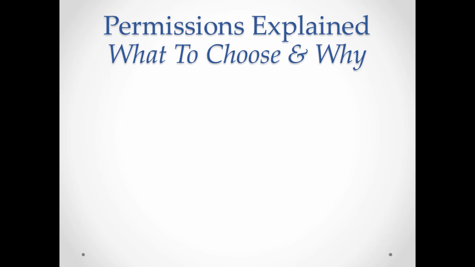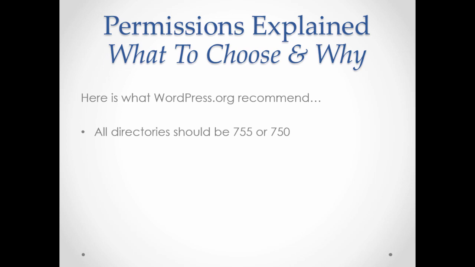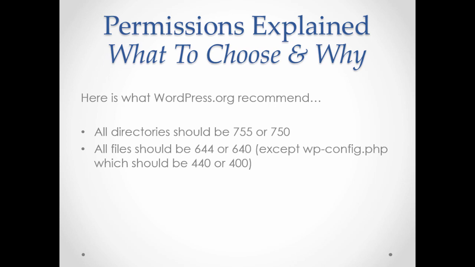Thankfully, the makers of WordPress have made life easy and given us some guidance. So here's what WordPress.org recommend. All directories should be 755 or 750. All files should be 644 or 640, except for wp-config.php, which should be 440 or 400.